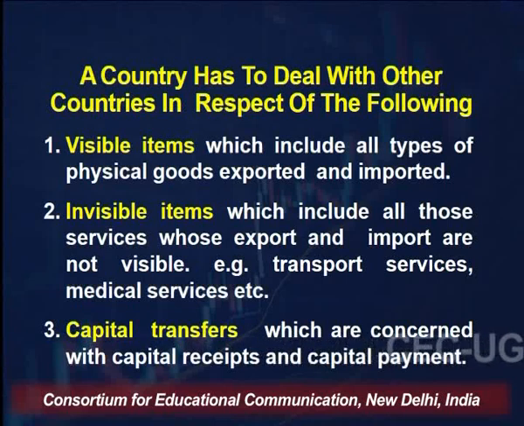Another is capital transfer, which is concerned with capital receipts and capital payments, like taking a loan from other countries, repaying a loan, and paying interest on the loan taken. Foreign direct investment also covers other types of grant, aid and help which go from one country to the other country. So all the records of all these items come under the balance of payment.